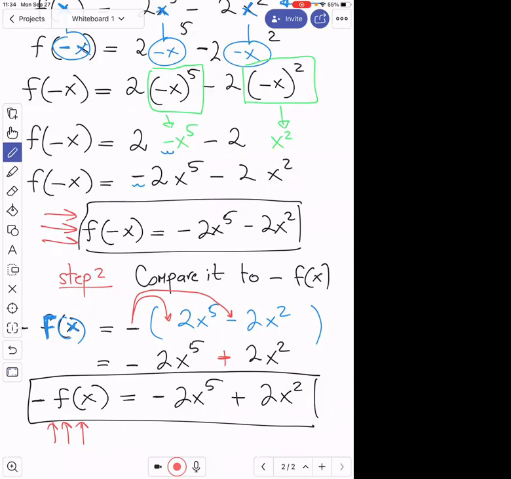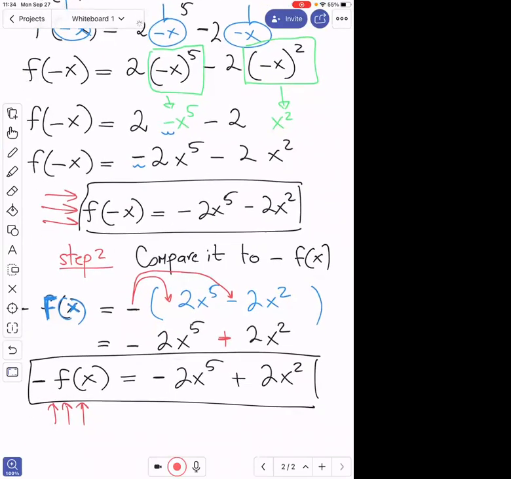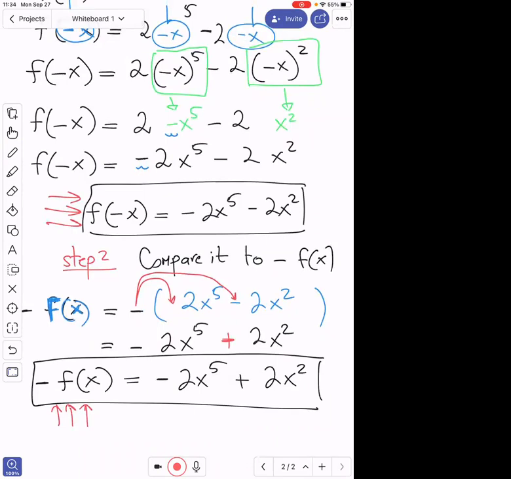Which minus, Bayesian? Like f of minus x, it was 2 minus x raised to the power 5, right? But then when you were writing the final answer, you put the minus in front. Yes, because this negative x to the power 5 is negative x multiplied by itself 5 times.